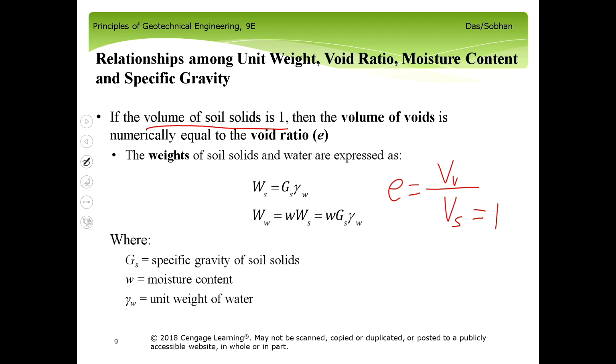The total volume, then, this is the total volume, right? So you can simplify those relationships a lot. But if this is 2, right? If Vs is 2 here, then Vv equals 2e, right?